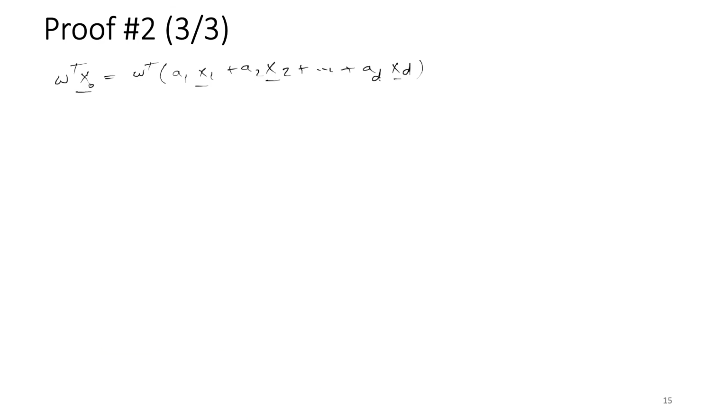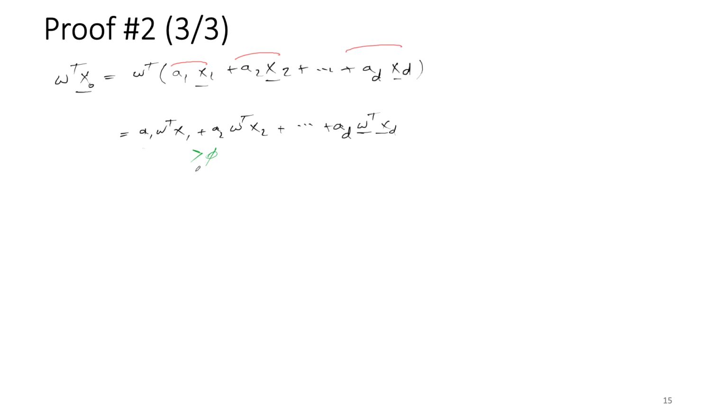Thus, we can see if you expand this, wt multiplied by the x, so these are the linear combination a1 x1, a2 x2 up to ad xd.